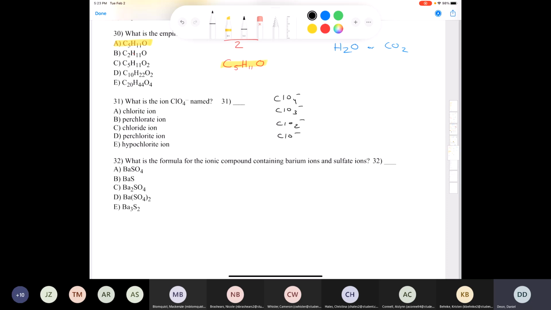If we start with ClO3 minus, this is a chlorate ion. ClO2 minus is a chlorite ion. ClO minus is a hypochlorite ion. And when we add an extra oxygen going from chlorate, we end up with a perchlorate. So this is a perchlorate.